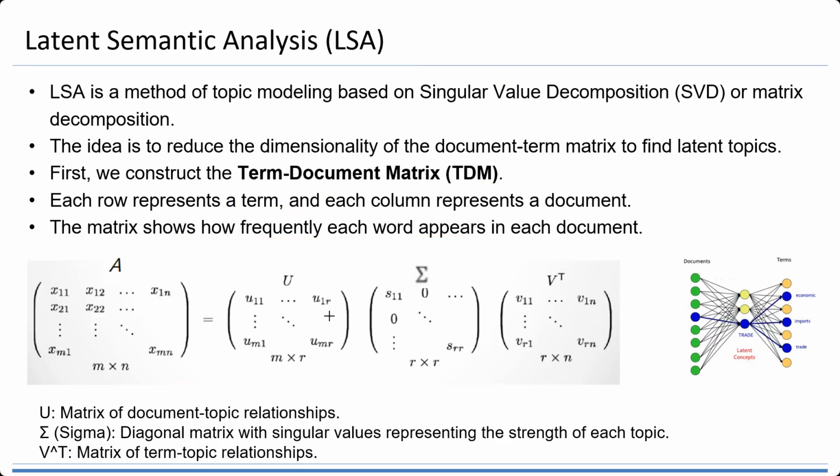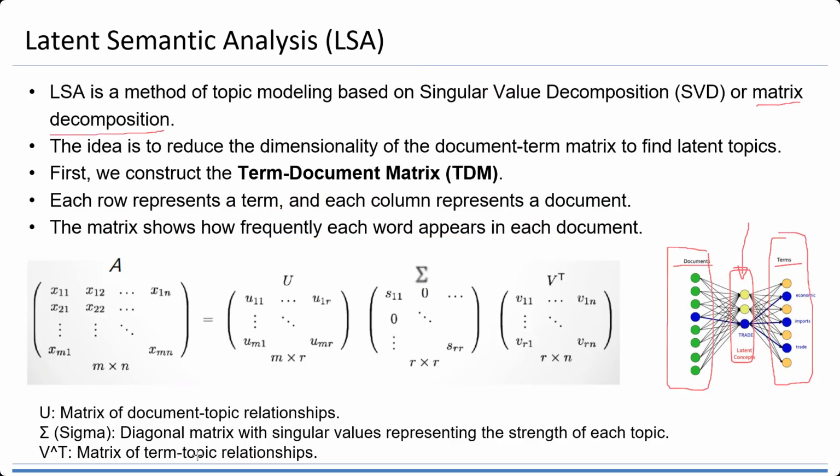The idea is something like this. We have the documents, we have the terms. So we want to find something in between documents and terms. There might be some hidden things in between those two in the matrix. And we are going to use matrix decomposition to find it.